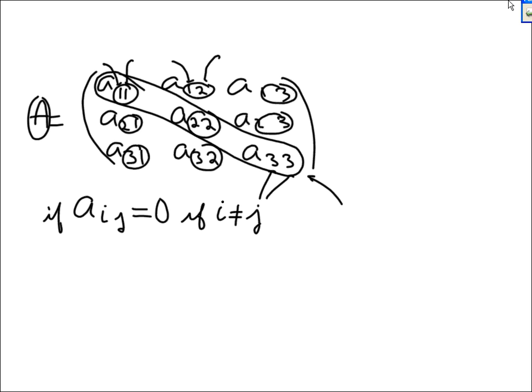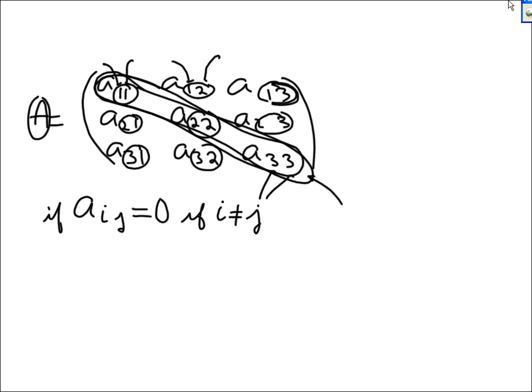I mean, in theory, these could have been the same. All I'm saying is when you're on the diagonal, the row and the column are the same. That doesn't mean if you're off the diagonal, they're the same. Well, it turns out that that's never the case. If you're off the diagonal, they're always different.